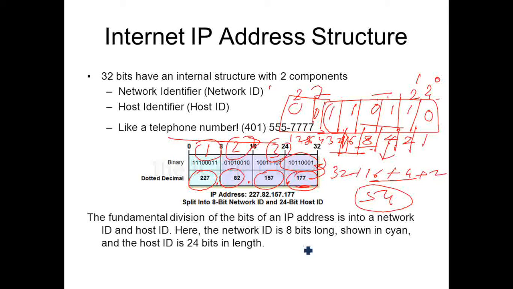Now the 32-bit internal structure of this particular IP address has 2 portions, network portion and host portion. That is why it is written here, network identifier and host identifier. So in this case, this is an 8-bit network ID and 24-bit host ID, depending on the different classes.